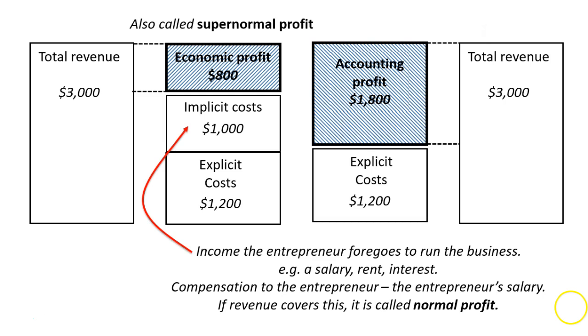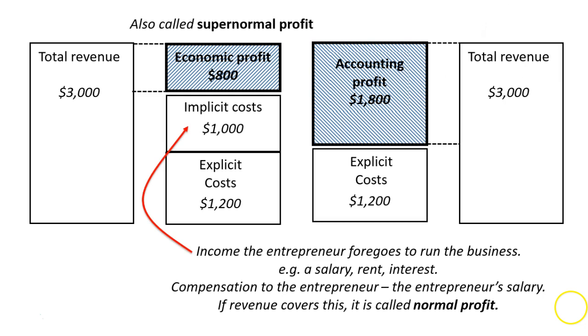As you can see, these two profits, accounting profit and economic profit, are not identical at all. Economic profit is smaller than accounting profit because the economist counts implicit costs for which there are no receipts. In accounting terms, we don't count those implicit costs as costs because there are no receipts for them.